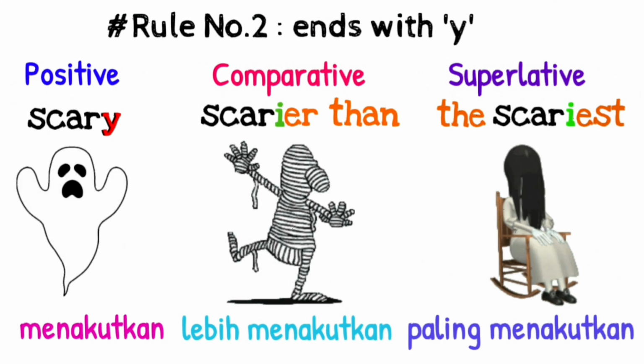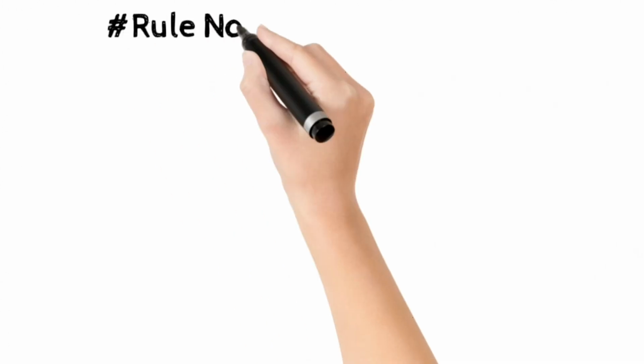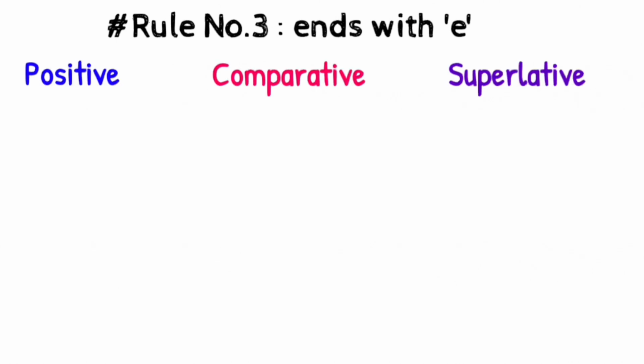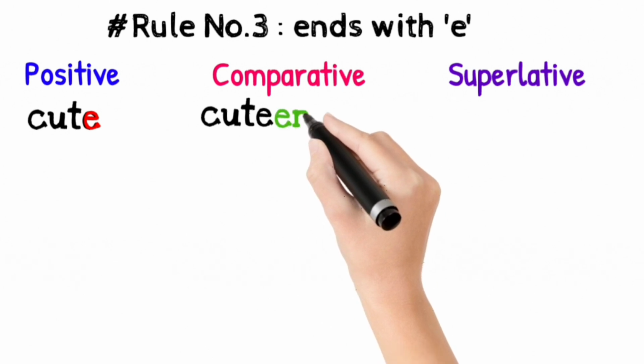Rule number 3. Adjective that ends with the letter E. For example, cute. Cute is an adjective that ends with the letter E. Now, to form a comparative adjective, we know that we should add ER and then.